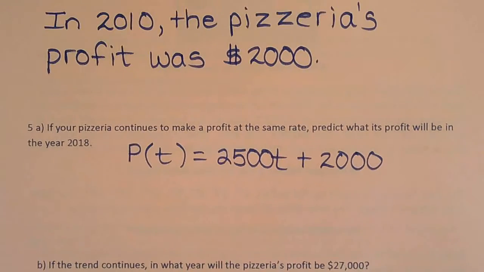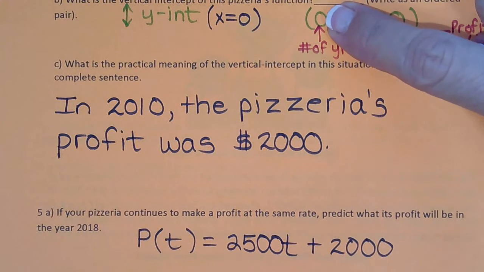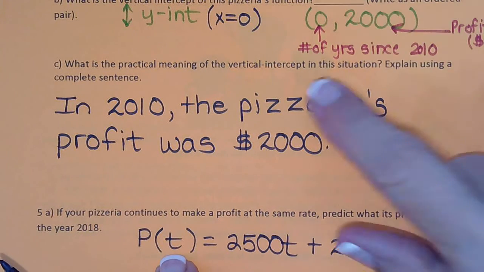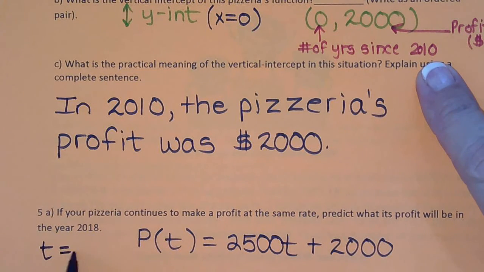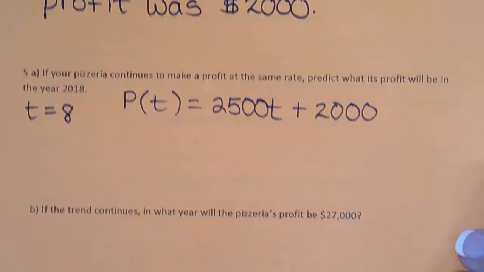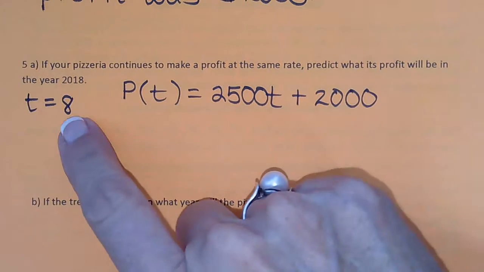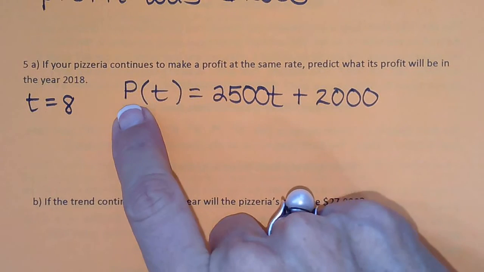Well, remember to look up at your ordered pair, and our X, which is T, is number of years since 2010. So what's T going to be? 8, right? Because it's 8 years after 2010. So what this is asking me to do is plug in 8 for T, because T is time, P is profit.